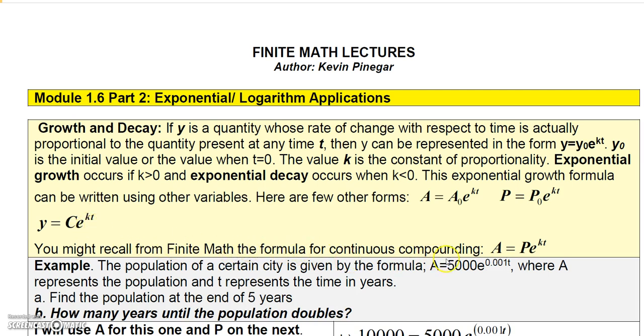And in finite math, with continuous compounding, you'll actually see this in the finance section, where we use a equals p times e to the kt, but instead of k in that formula we use the annual interest rate r.